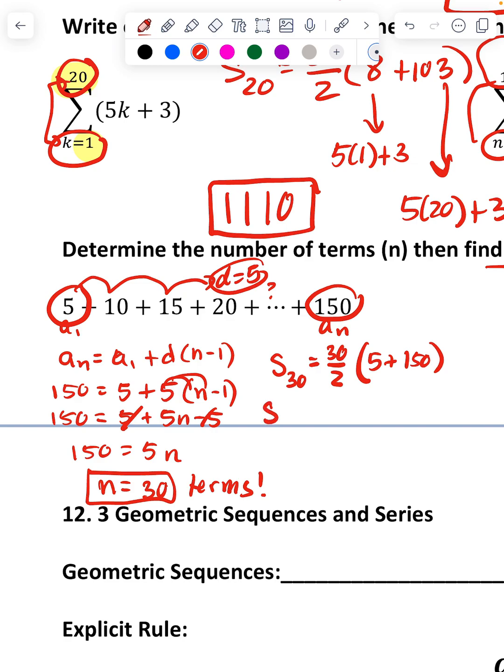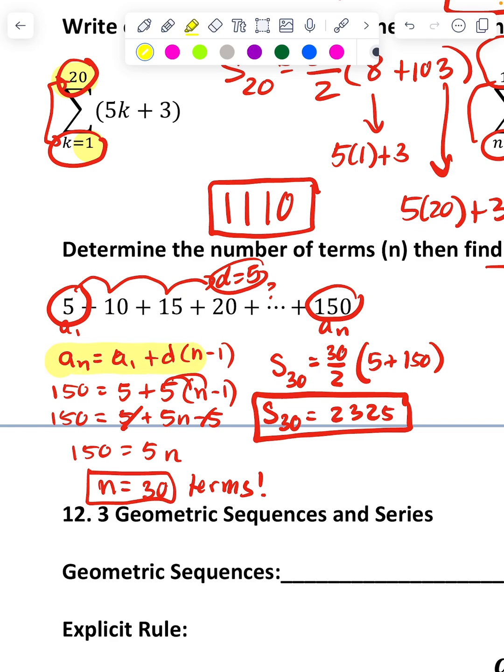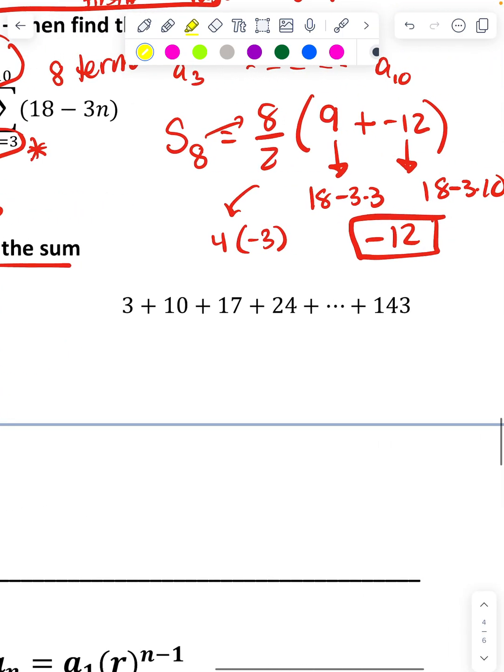So if I did find and add up all 30 of the numbers, I'd get 2,325. So there's a lot of steps to that because I didn't have what I needed for the formula to add them up. So when you don't have what you need, you have to go back to this formula to find it. Let's try that one more time and we'll be done.